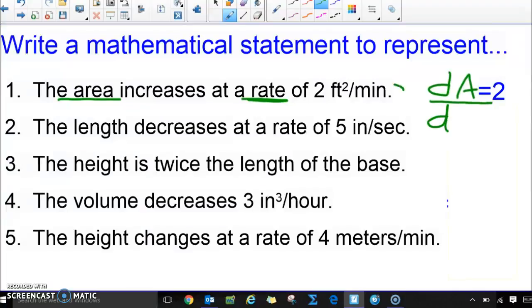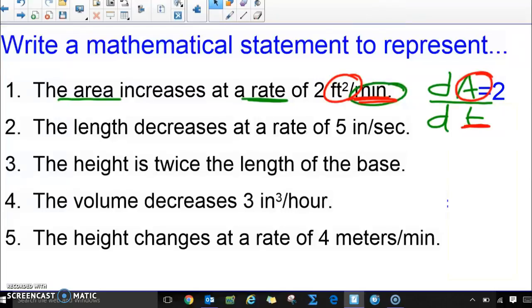And because this problem is specifically with respect to time, I'd probably say dA/dt is going to equal 2. Something to also notice if you're a little confused is that this unit is the appropriate unit of an area. This unit is the appropriate unit of time. See if you can figure out the rest of them.